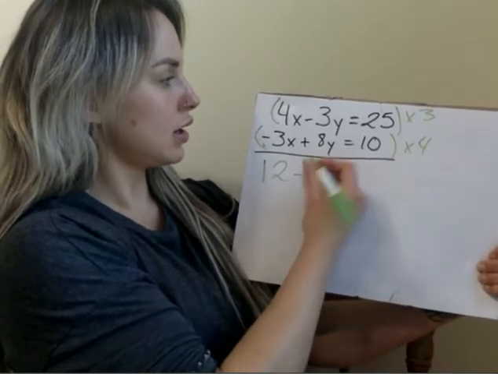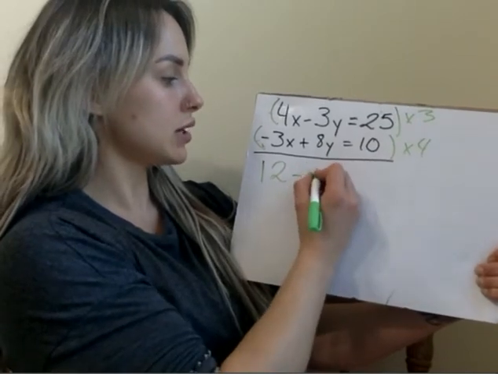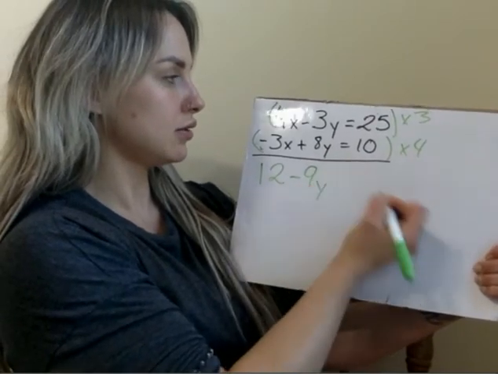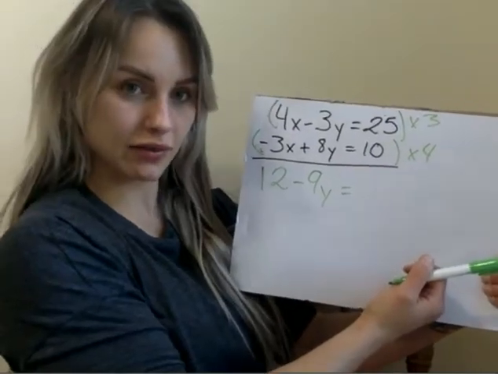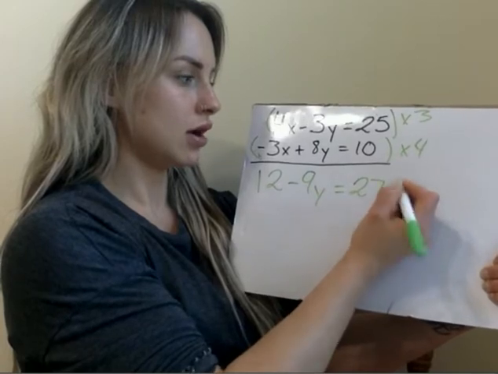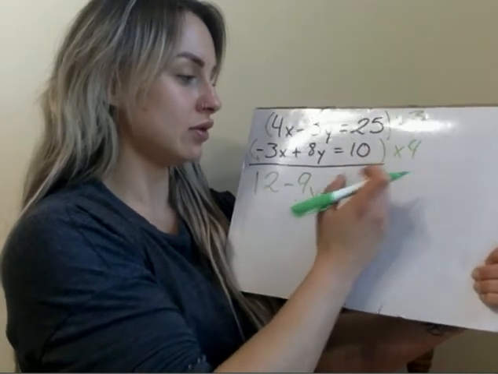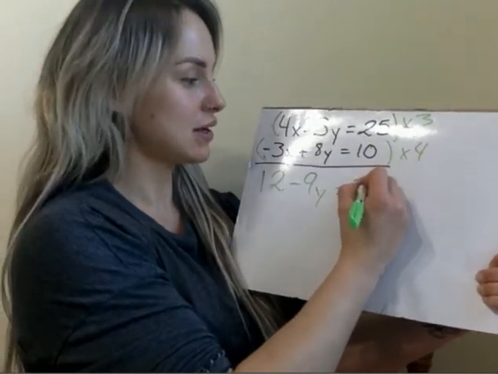And then 3y times 3, so 3 times 3 is 9. And 3 times 25 is, no, 75. Don't know why I said 27, because that doesn't even make sense. It's 75.